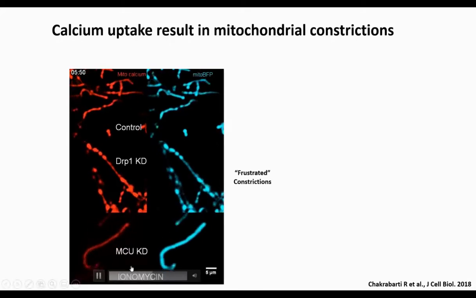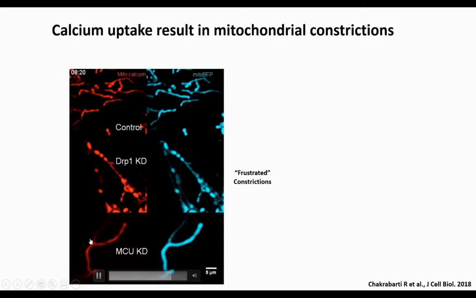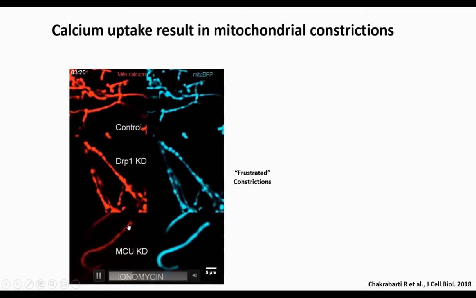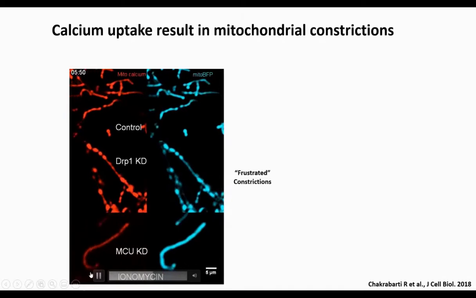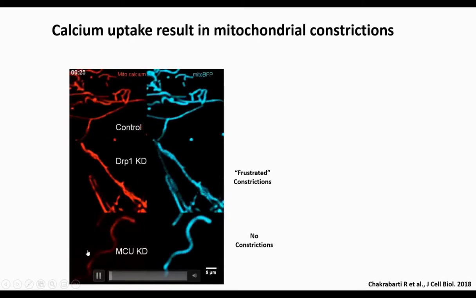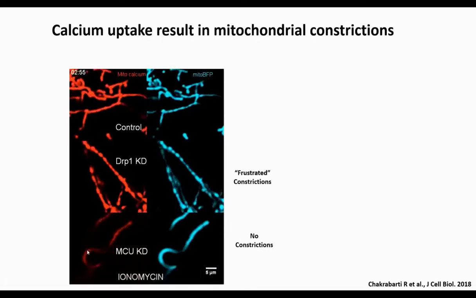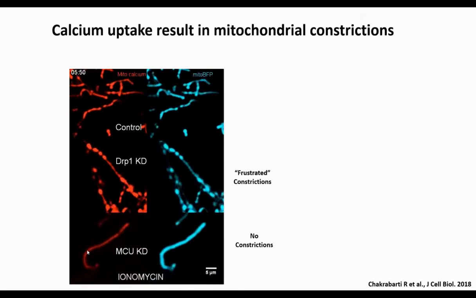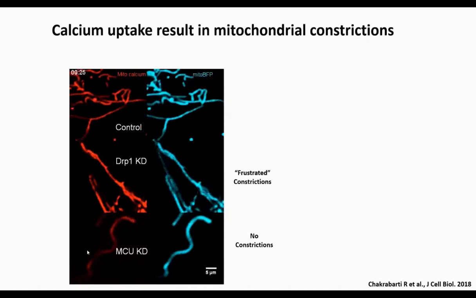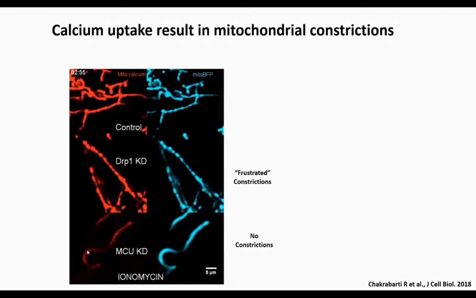Interestingly, though, when we imaged our MCU knockdown cells, which do not have this calcium uptake, from these two images, what you can see, the stark difference, is we don't have a lot of these constrictions happening in these mitochondria. So these constrictions were definitely independent of Rp3, but also dependent on the calcium influx.